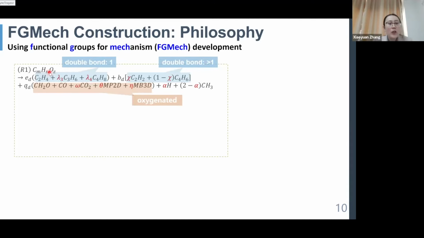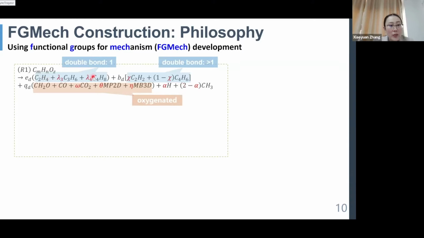It is a fuel. It represents a real fuel mixture. MNZ can be obtained from the experiments. R1 represents an unimolecular decomposition reaction. It connects the fuel molecules and the key pyrolysis products, which can be divided into several groups.